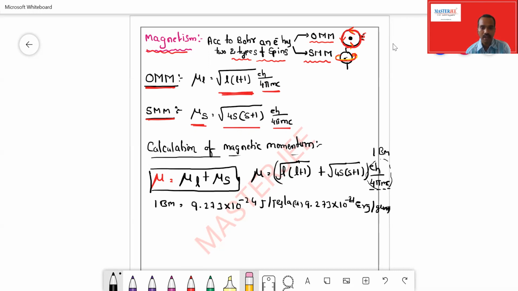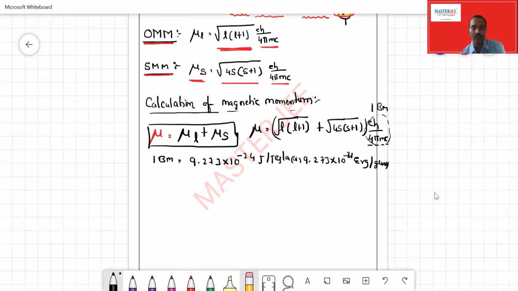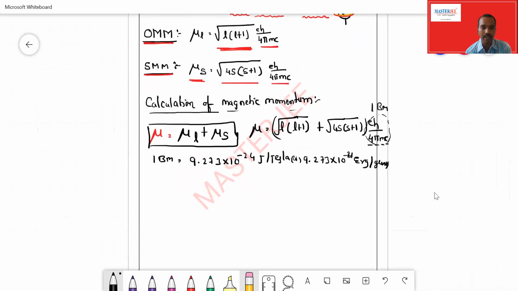Now see, what happens here is that whenever ligands approach the central metal atom, this mu L, the orbital magnetic momentum, gets arrested. It won't take place. That is called quenching of magnetic momentum.